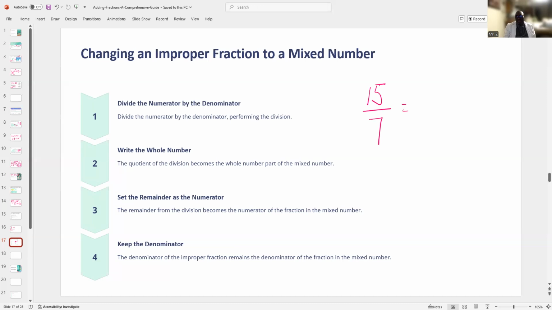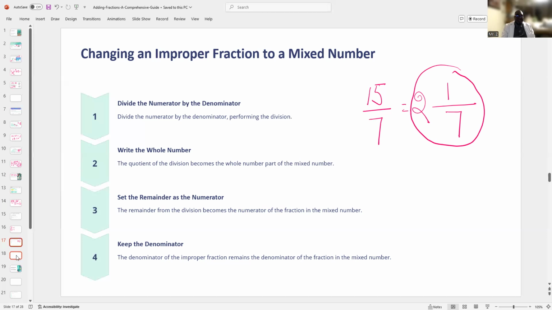The top number is bigger. You keep the denominator the same. How many times does 7 go into 15? 2 times, which gives me 14. The difference is 1. Remember, a mixed number is a whole number and a proper fraction. So if you find something that is not a proper fraction, you have not done it correctly. Okay?